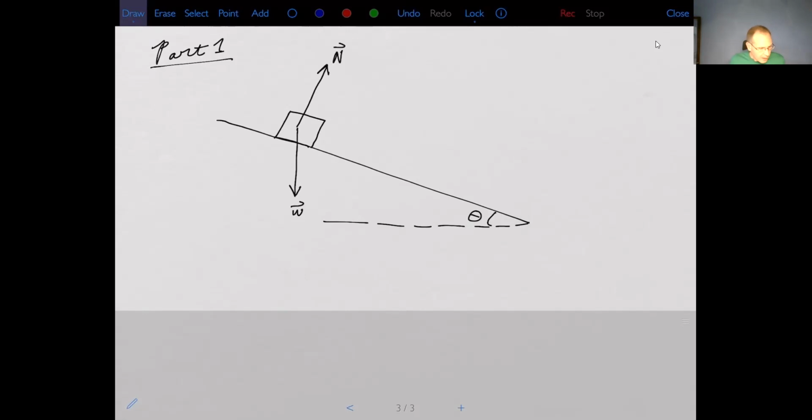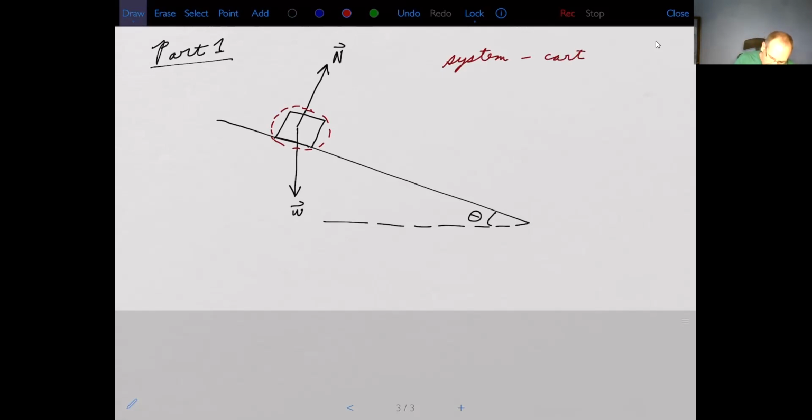And in this case, our system, and it's a subtle point, but this is really important, our system is just going to consist of the cart. So the system is just the cart in this case.